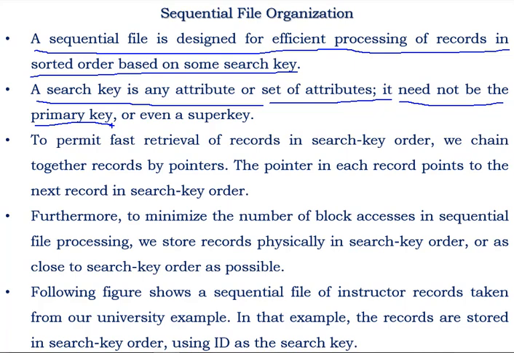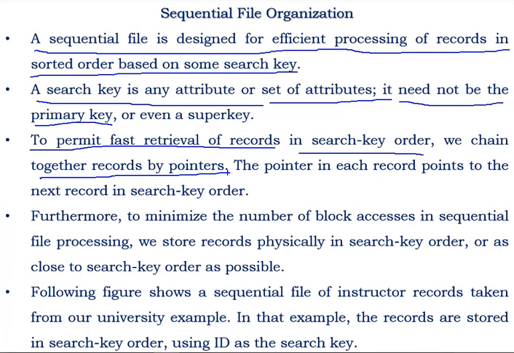For example, if your student database has roll number as a primary key, in that student database I can also use contact number as a search key, or caste as a search key. So any attribute other than primary key I can use as a search key. To permit fast retrieval of records in a search key order, we chain together records by pointers.